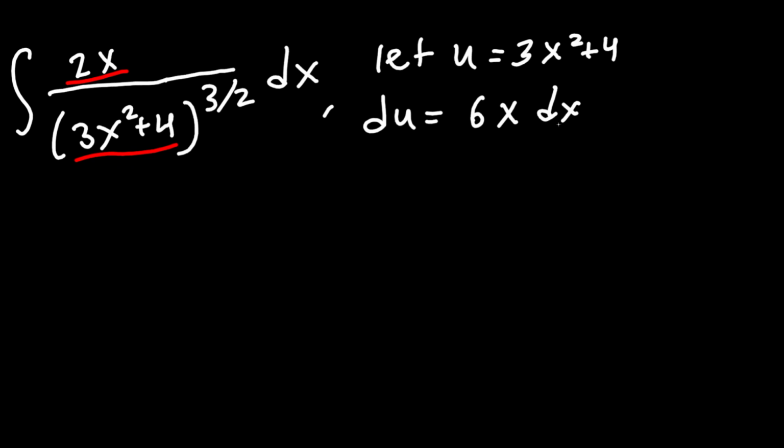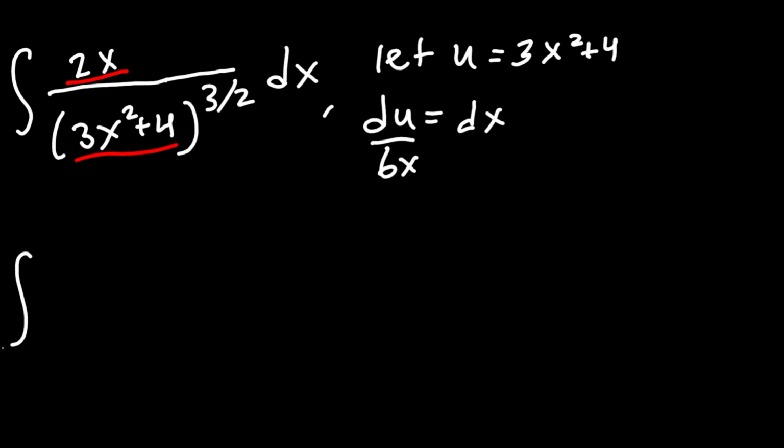So now we currently have a dx in the equation. We want to replace that with a du, so we need to find dx in terms of du. The way to do that is we can divide both sides by 6x. So now we have dx is equal to du over 6x.